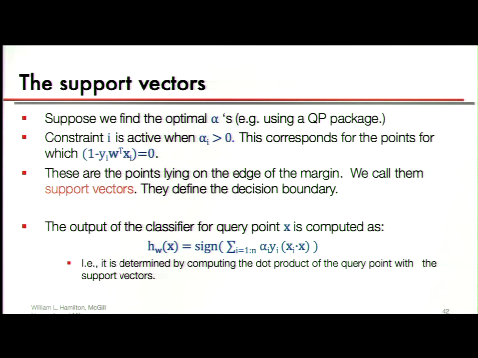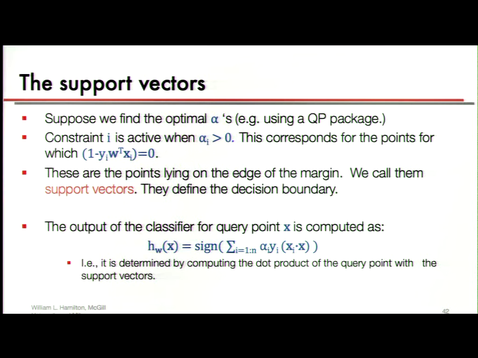And so we call these points the support vectors. This is where the term support vector machine comes from. And our decision boundary now is just going to be a sum over all of our data points, the alpha i for each of these data points, times yi and the dot product of the feature vector for that support vector and our input vector.